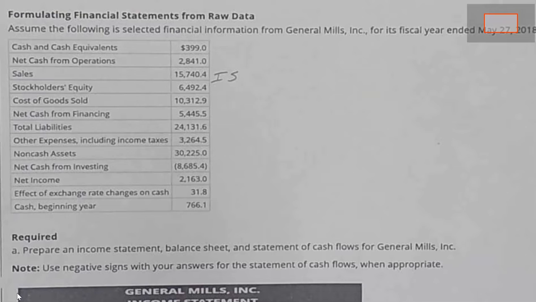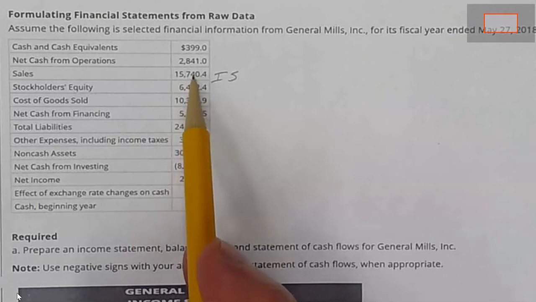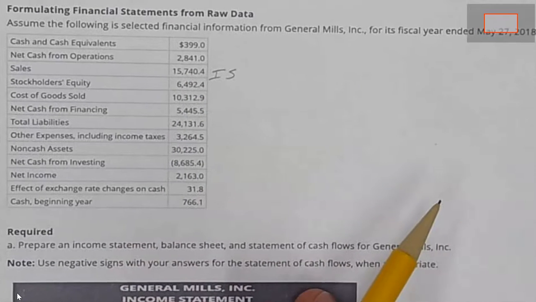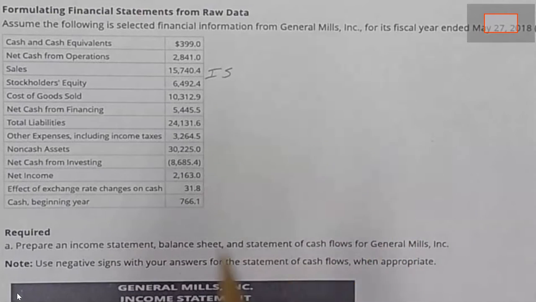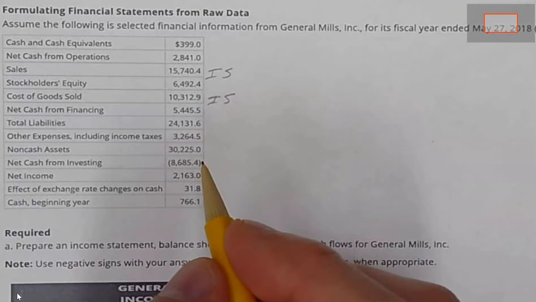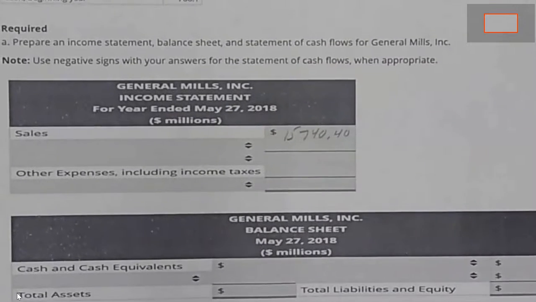The next item that we would want to include on the income statement for any type of merchandiser is cost of goods sold. In other words, what was the cost of the goods that we sold to get this revenue up here? In our case, it is 10,312.9. Before we write that down below, let's plot IS by cost of goods sold. Come back down here.